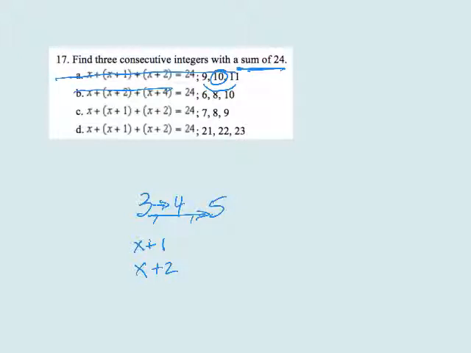Take 7 and 8, you get 15, and 9 more is 24. That looks like it's right. I'm going to go do the other one. 21 and 22, oh, that's way over the top. That's too many. It is letter C. Do you see how when I do a multiple choice test, I look at all the possible answers? Don't just jump to a conclusion and go with the one you get first.